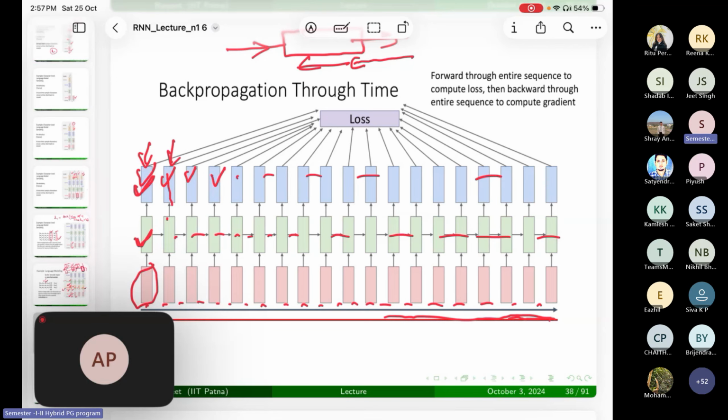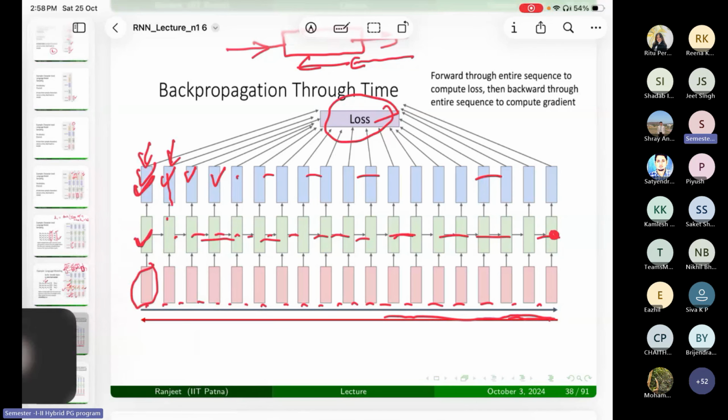Finally, you will reach somewhere, and you also have the loss at the output of every state, and then you just summed all the loss, aggregated all the loss, and then you will go back.